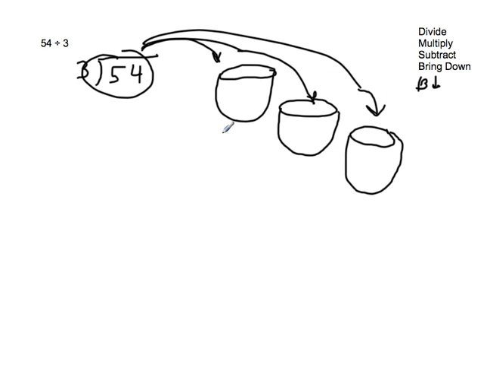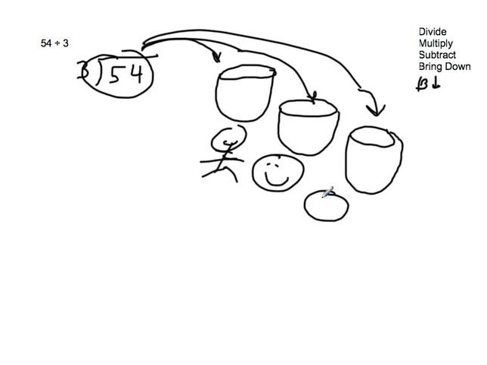So if you're going to give these to 3 friends, each friend would end up feeling great and not cheated because they have the same amount of cookies as your other friends. So that's kind of the concept behind 54 divided by 3.